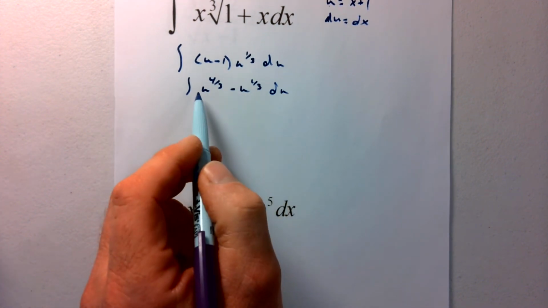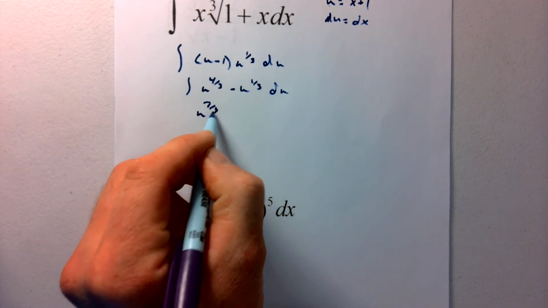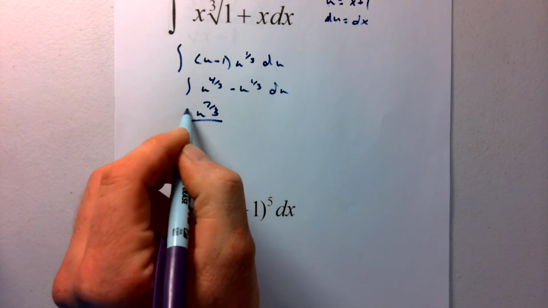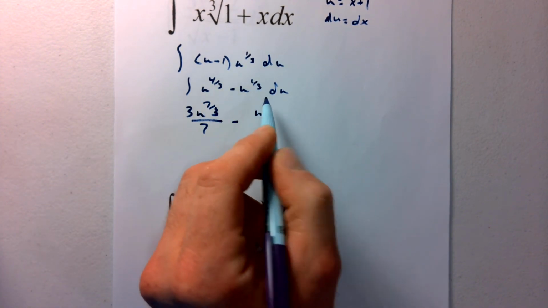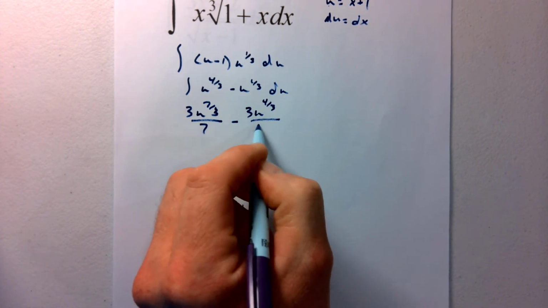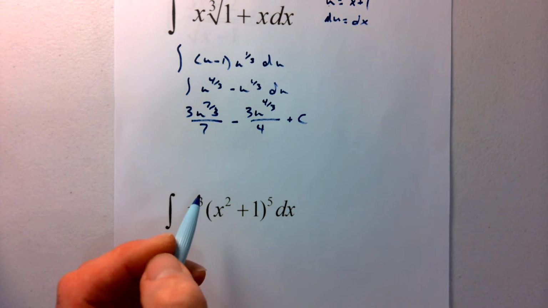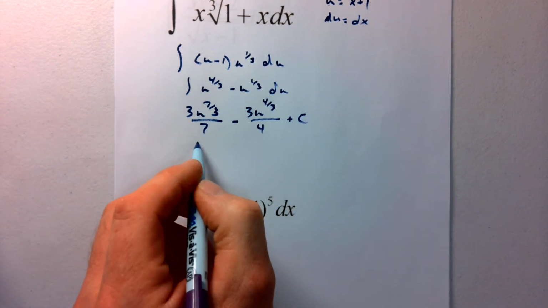This is completely integratable at this point in time. So we have u to the 7/3 divided by 7/3, which is multiplied by 3/7. u to the 1/3 becomes u to the 4/3, again divided by 4/3, the same as multiplying by 3/4, plus our c value. We can go and replace our u with x plus 1.